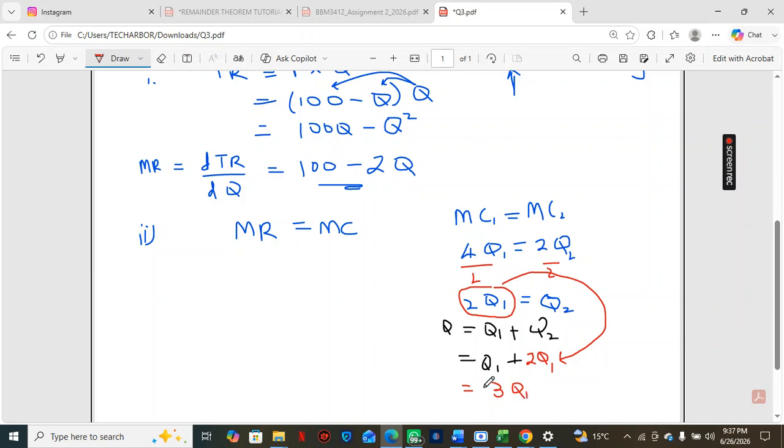Okay, Q equals 3Q1. Because as I said, you need to first express Q either in terms of Q1 or Q2. In this case, we're going to express Q in terms of Q1, and this is the expression we're going to use. Q equals 3Q1. Any questions before I move further?